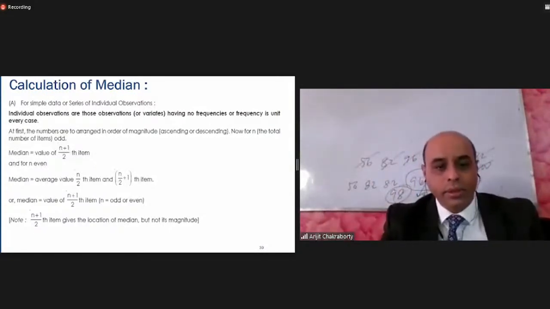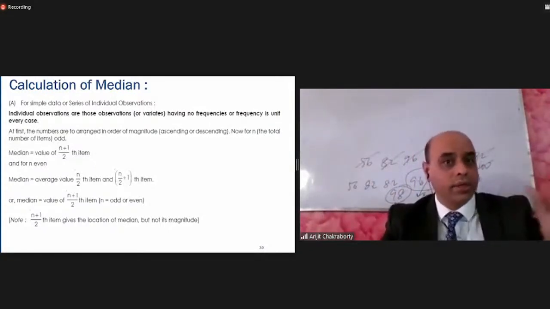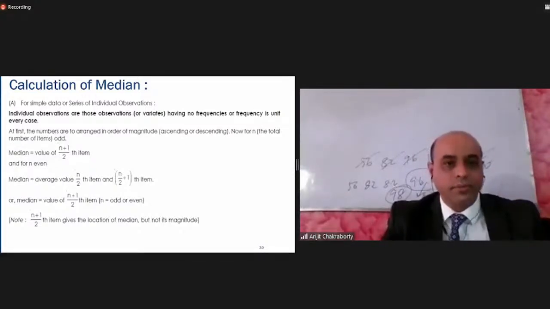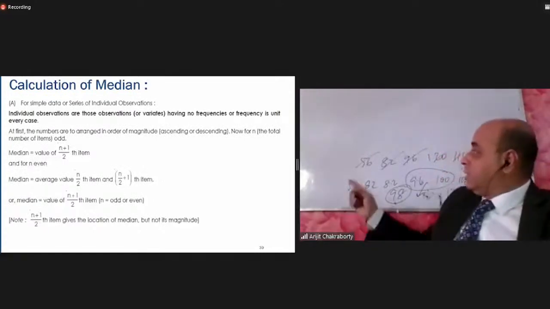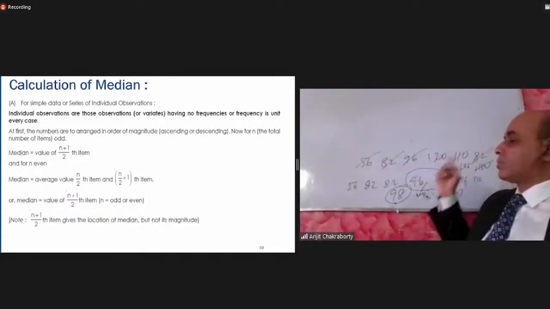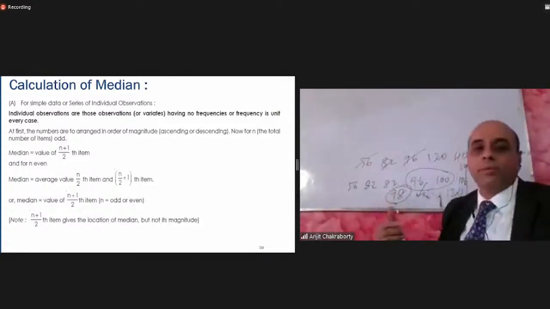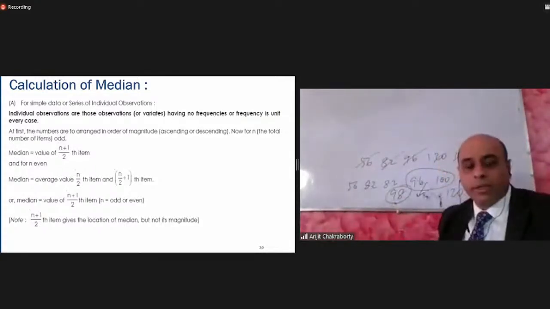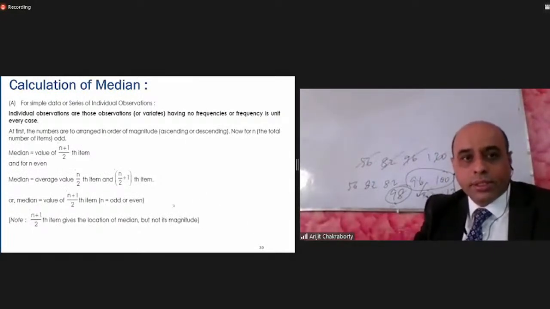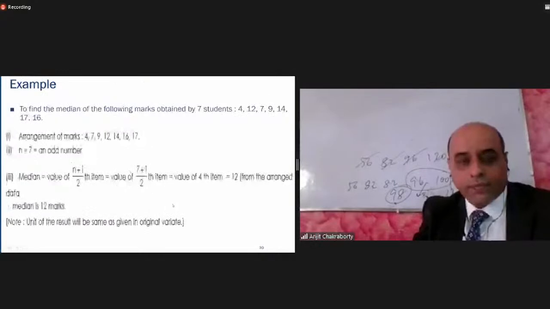This will be the location of the median. This will give us the location, not the median value, not the magnitude. That means when we have these values, first, second, third, fourth, fifth, sixth, (n plus 1) by 2 gives us the location where the median will be.